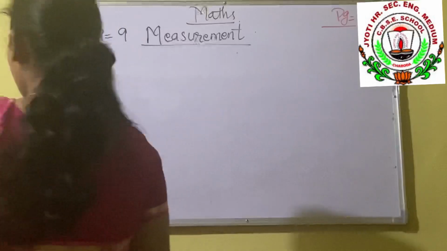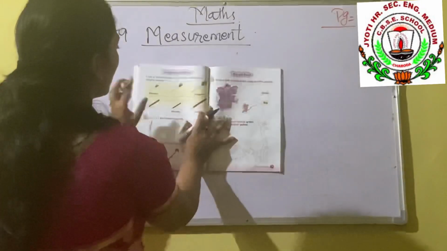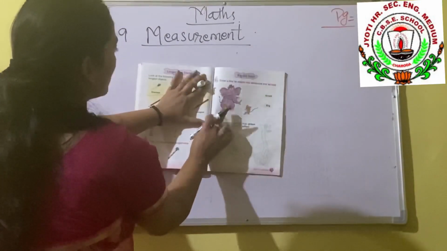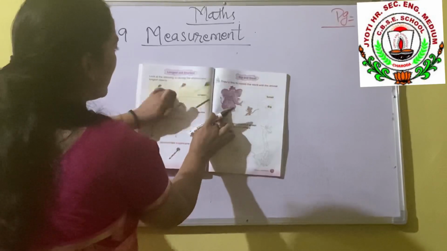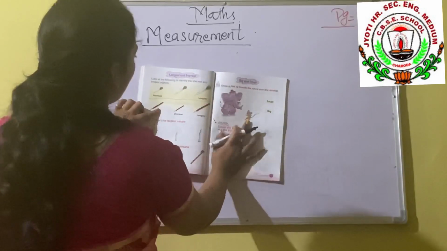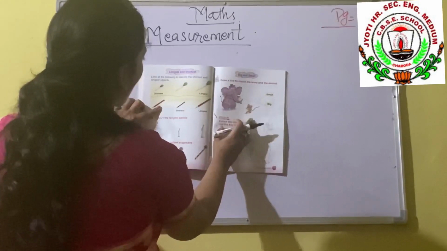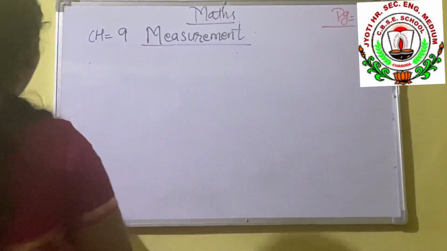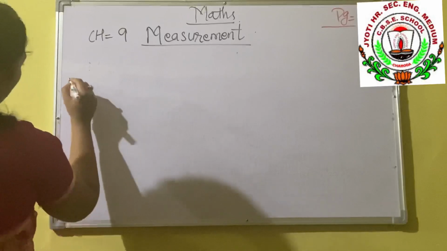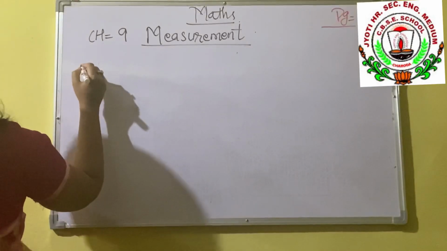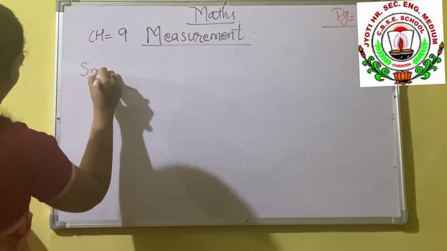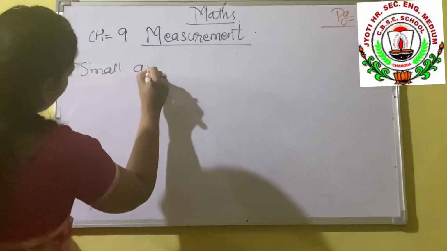You can see over here in this book, one elephant is given over there and one mouse is here. Which one is bigger and which one is smaller? Can you tell me? I am drawing some picture over here.